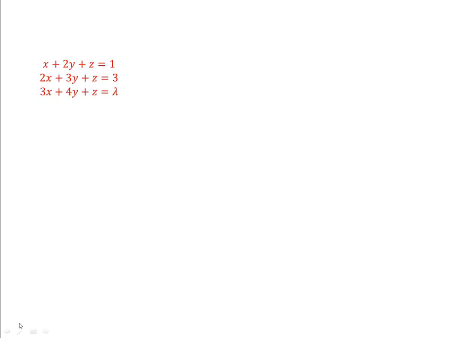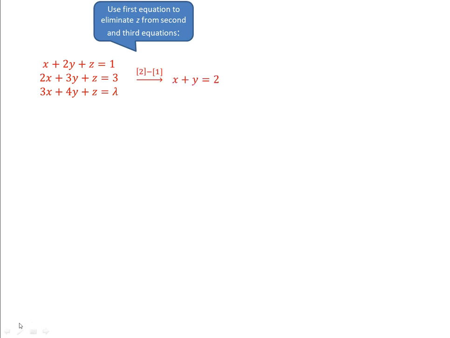So, we've got the equations x plus 2y plus z equals 1, 2x plus 3y plus z equals 3, 3x plus 4y plus z equals lambda. If we use the first equation to eliminate z from the second and third equations, then we can take equation 2 and subtract equation 1, and that will give me x plus y equals 2.